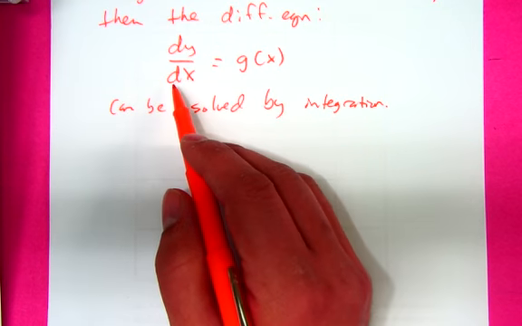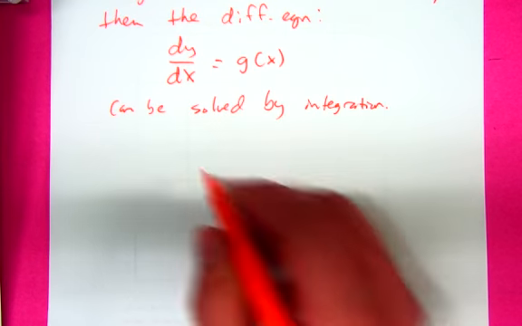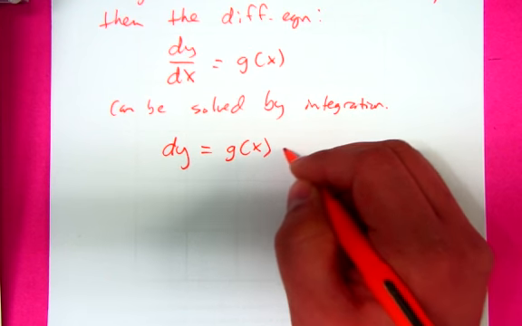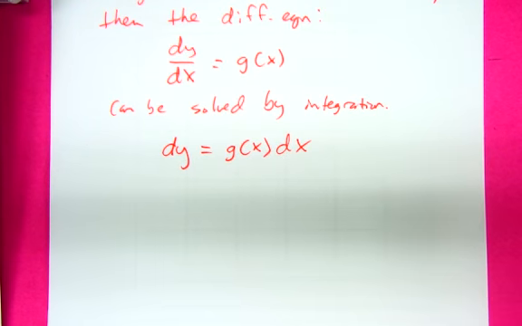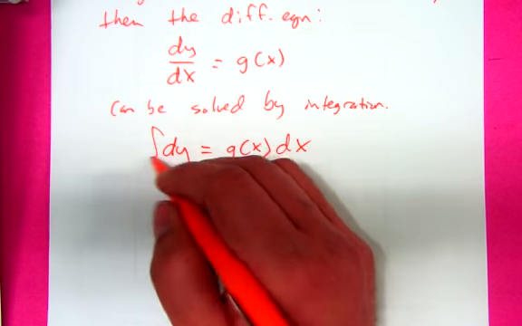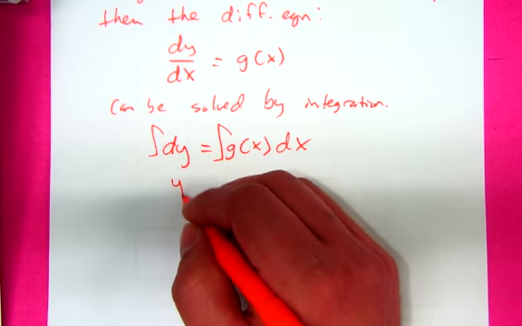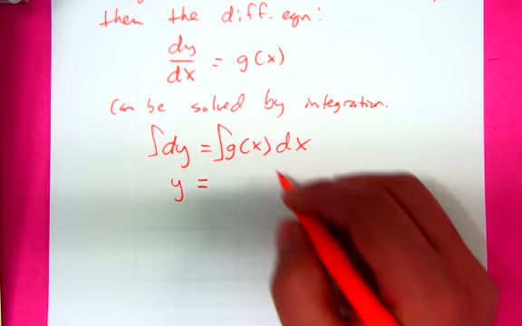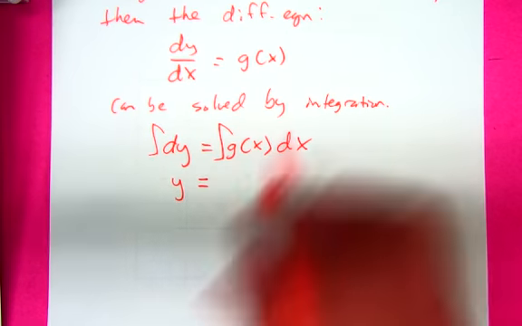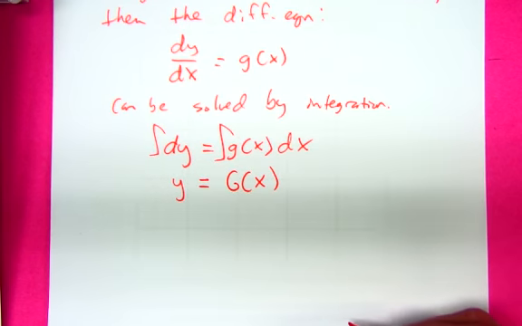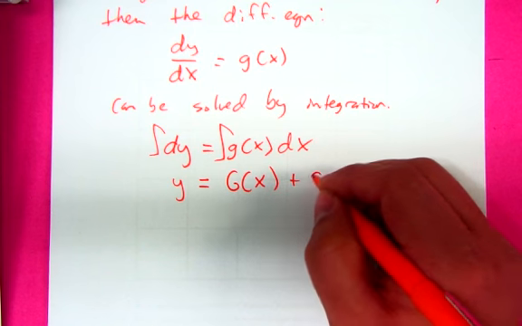If you move the dx over to the other side and integrate both sides, you get a solution. Y equals, we'll call this capital G of x, plus some constant of integration.